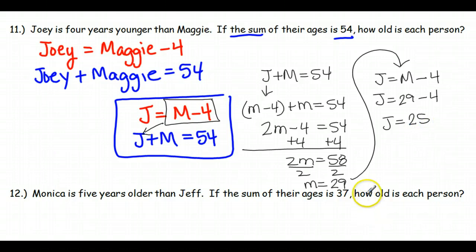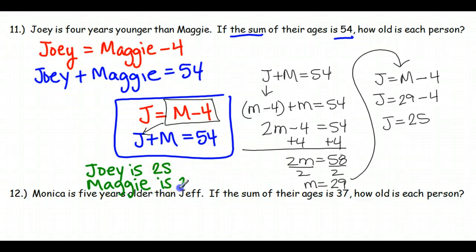Now, you're not going to write this as an ordered pair because it's a word problem. You want to write out your answer. So we could say Joey is 25 and Maggie is 29. Here is our solution.